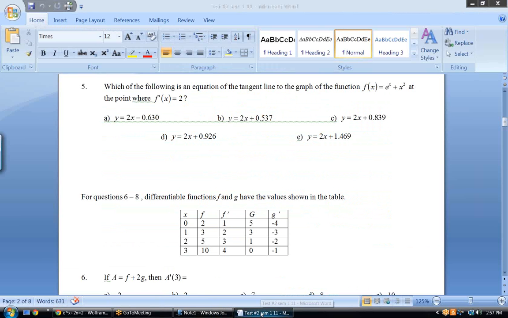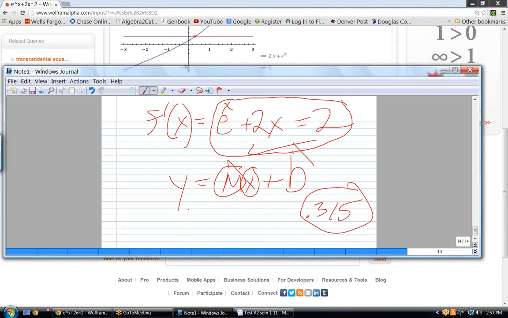Let's see, the original function is e to the x plus x squared. So y is e to the 0.315 plus 0.315 squared, which equals my new y. In other words, that is f of 0.315. So I can come up with a number for that.